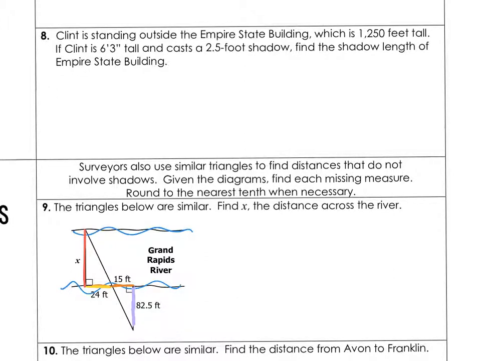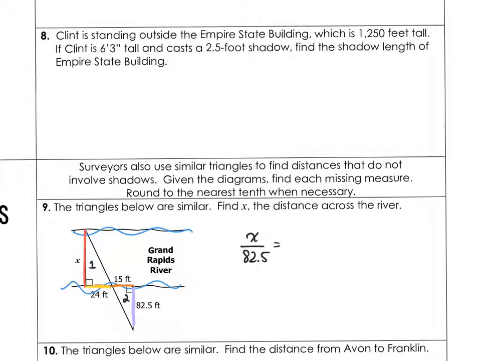So let's set up, we do have 2 triangles here. It looks like we got triangle 1 and triangle 2. So let's set up a proportion. X is to 82.5. So x corresponds with 82.5. So x is to 82.5 as 24 is to 15. If I started with triangle 1, I should start with triangle 1 again.